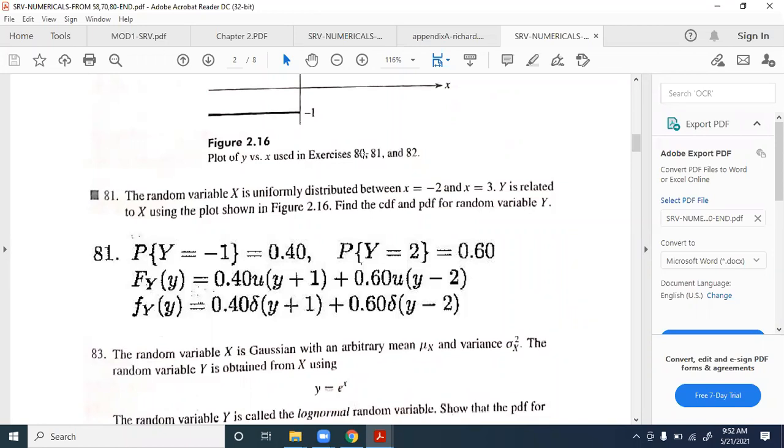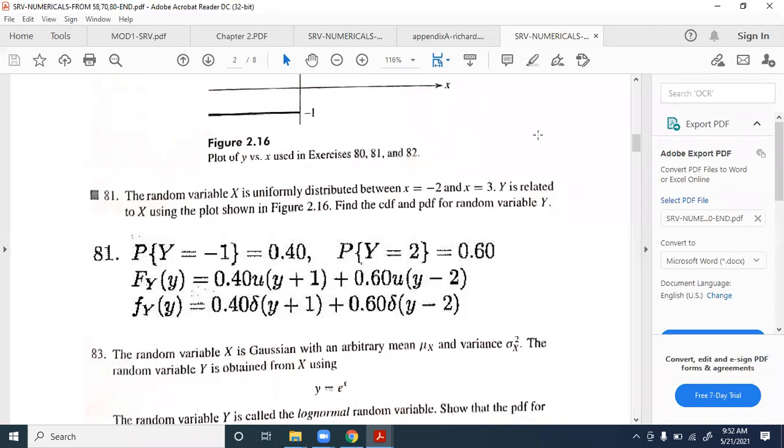Having written that, we can try to find out from -1 to 3. You can write F_Y(y) equal to 0.4 u(y+1) plus 0.6 u(y-2). So what you need to do is write a graph over here from -2 to 3.